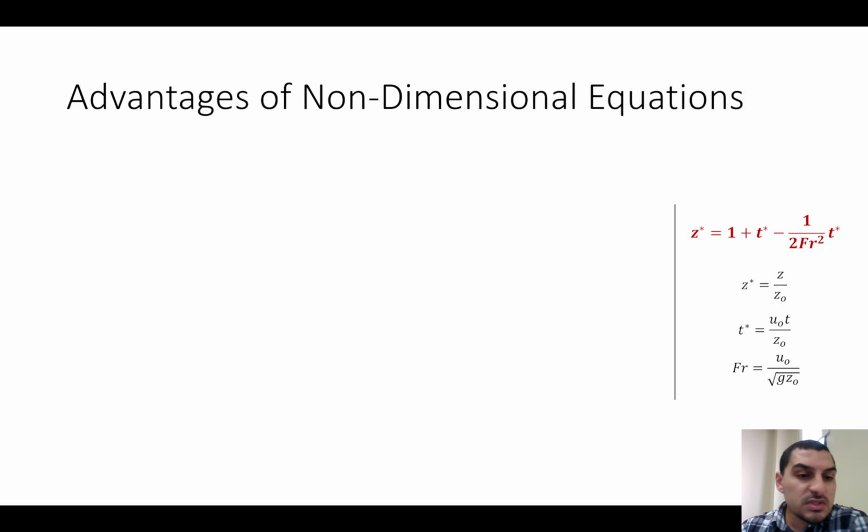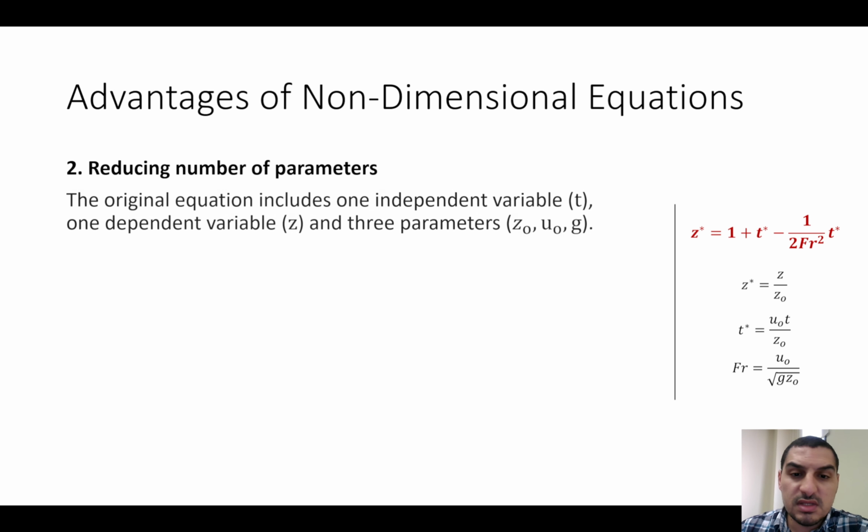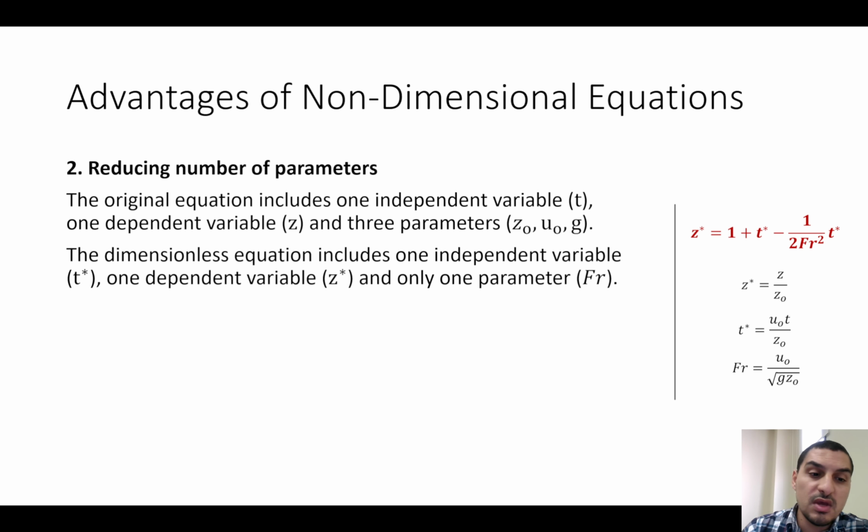One other advantage, which is a very good advantage about this, is that in the original equation the parameters involved in the system were 5. The variable was Z, and the parameters are Z node, U node, G, and T. So we have a variable that is a function of 4 other parameters, while in the dimensionless equation we have one variable that is a function of 2 parameters, which are T star and Froude number.